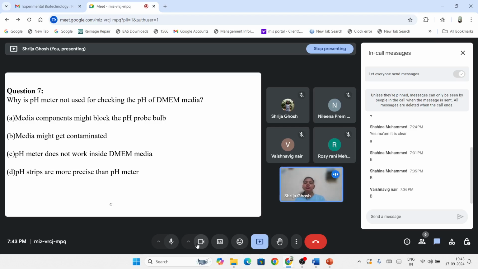Why is pH meter not used for checking the pH of DMEM media? It's a mammalian cell culture media. I just explained what a DMEM media is, why we are adding different components in the DMEM media. So how can we check the pH of this DMEM media?